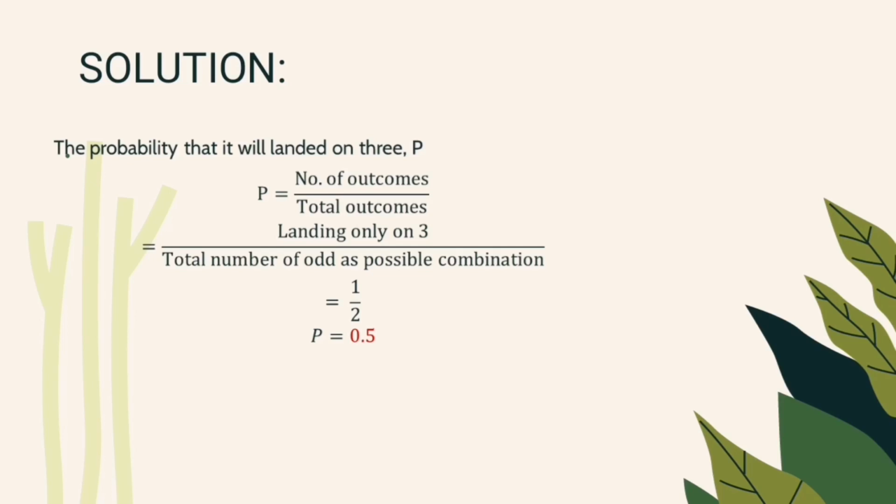The wheel has 1, 2, and 3, and the odd numbers are only 2, which are 1 and 3. So we put 2 as the total. So we have 1 over 2, and the answer is 0.5.